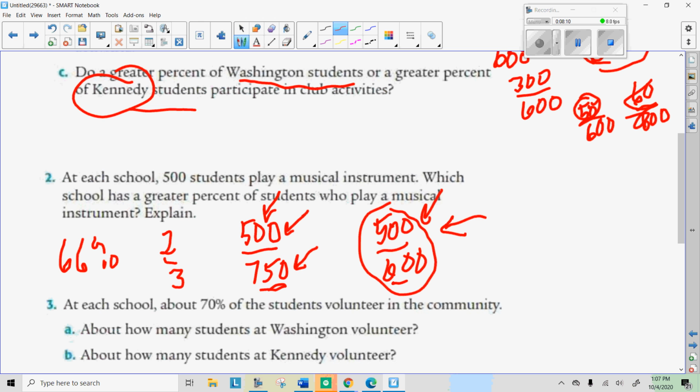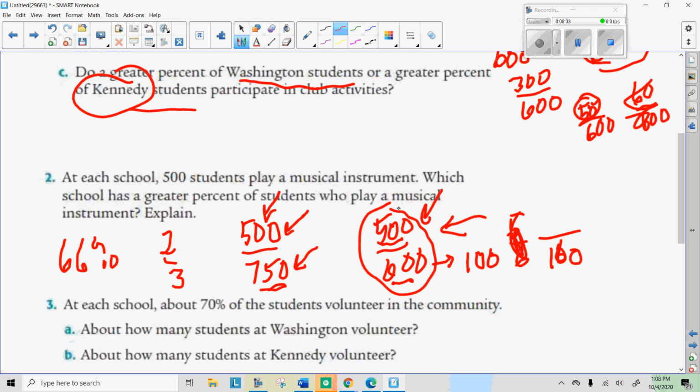Now, 500 out of 600, or 5 out of 6, we probably want to change that a little bit to make that easier. Well, if we divided this by 6, we'd be out of 100. Right? The 600 divided by 6 is out of 100. If it's out of 100, it's out of a percent.